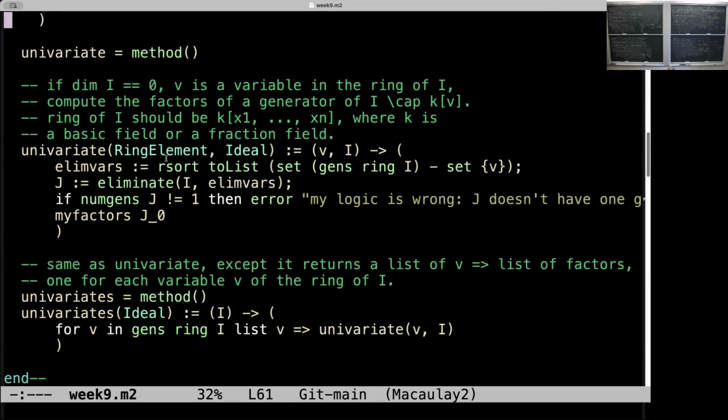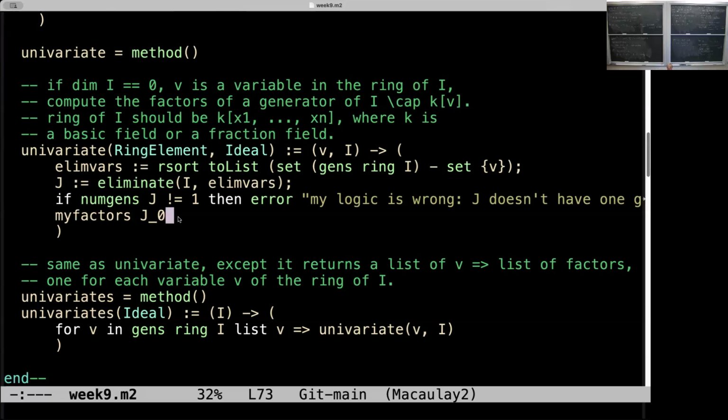What this does is, if you take a variable and an ideal which is 0 dimensional, it uses the eliminate command to find that polynomial that we're talking about in one variable. So this finds a univariate polynomial in that variable in the ideal. Factor is what I consider an annoying function in Macaulay 2. It's very nice, it gives you a nice pretty description.